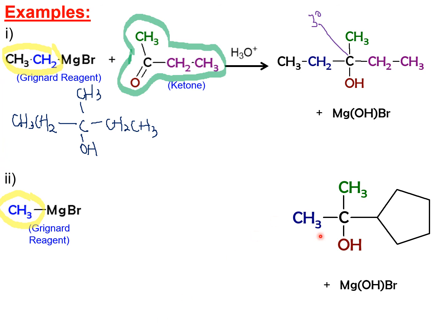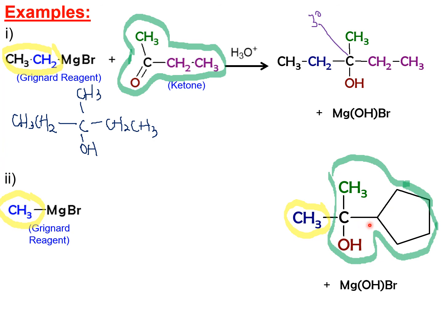Therefore, this CH3 is actually comes from the alkyl group at the Grignard reagent. Okay, and what about this? This could be the possible structure of your ketone actually. This could be the possible structure of the ketone yang menghasilkan this tertiary alcohol.